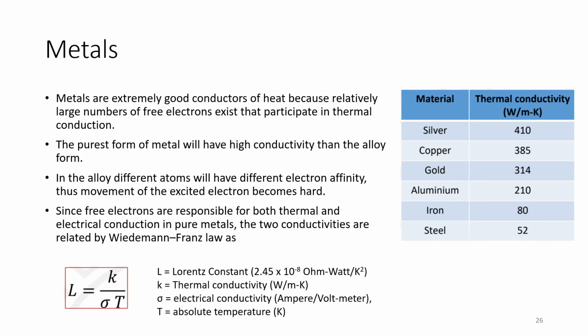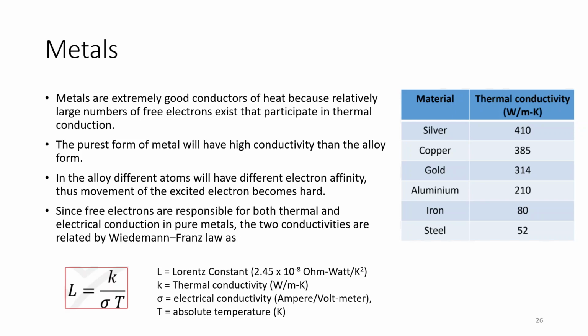In the alloy, different atoms will have different electron affinity, thus movement of the excited electron becomes hard. Since free electrons are responsible for both thermal and electrical conduction in pure metals, the two conductivities are related by the Wiedemann-Franz law as L equals k upon sigma T. Here L is the Lorenz constant, k is thermal conductivity, sigma is your electrical conductivity, and capital T is absolute temperature, meaning in Kelvin.